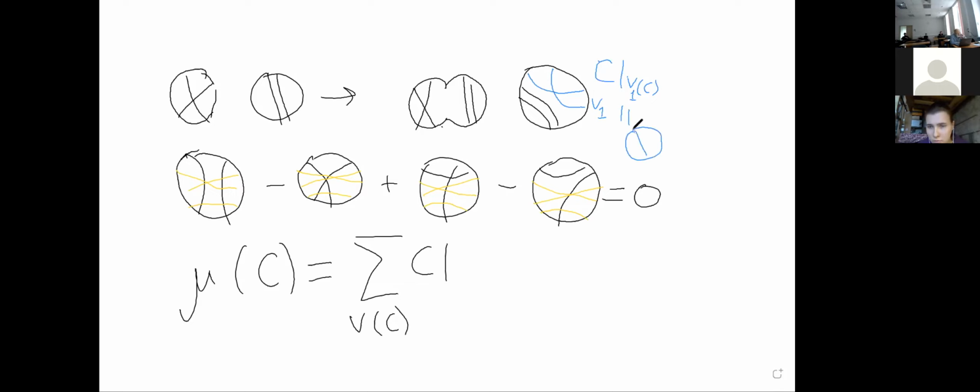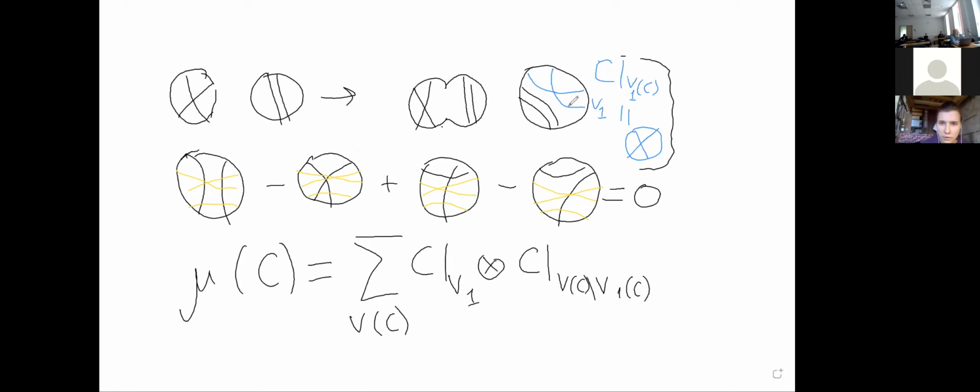It's just this chord diagram, for example. So this is a co-multiplication. The example of the restriction is here. Chord diagrams modulo the four-term relation also form a Hopf algebra.